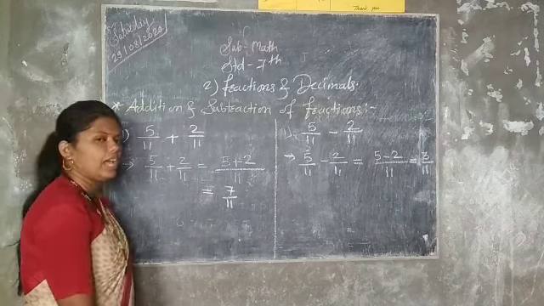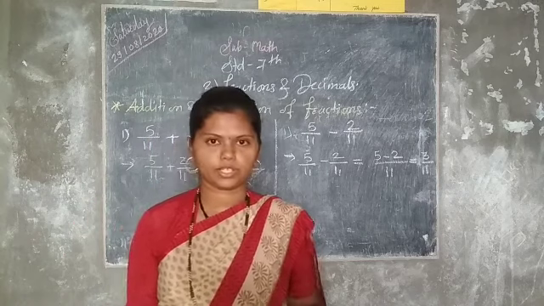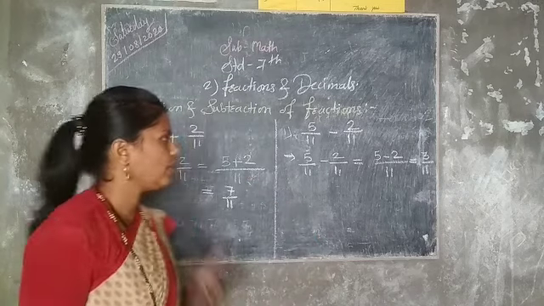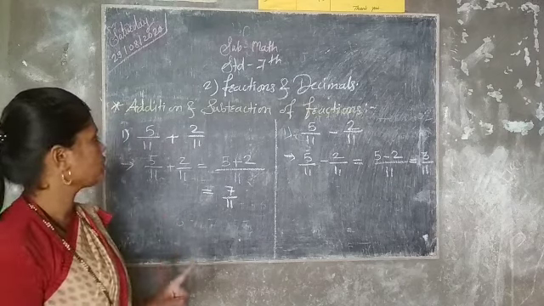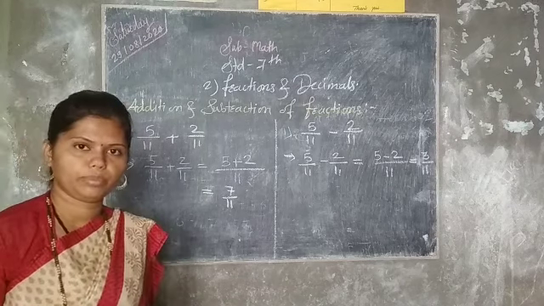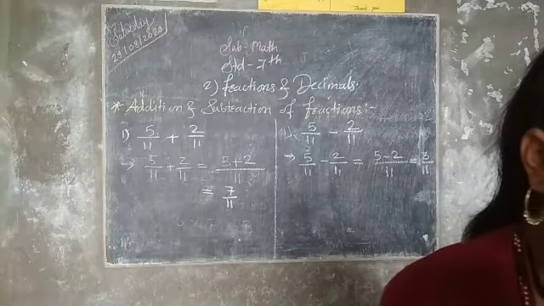Now you have already studied one more type, that is a mixed fraction. Now we have to add and subtract mixed fractions. How to do the addition of mixed fractions and how to do the subtraction of mixed fractions. For that, we have one example.